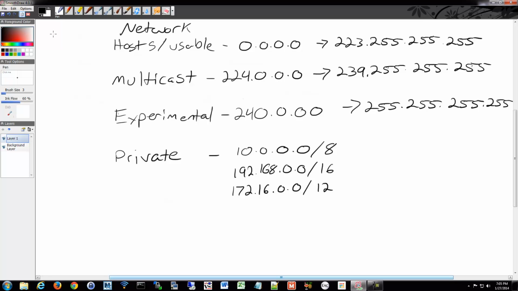So, and you know what, I'll write down these RFCs while we're here. So this was RFC 790, 1700. This was 1700 as well, and this was 1918, which is really famous.